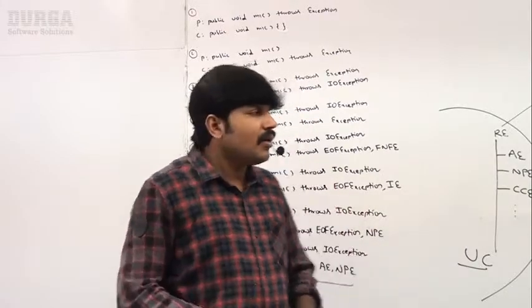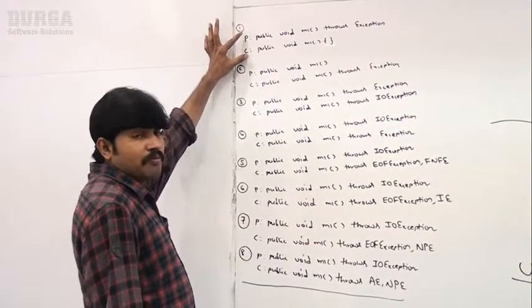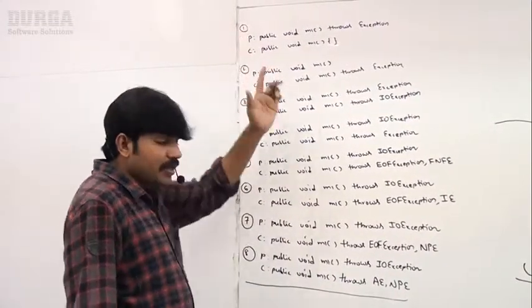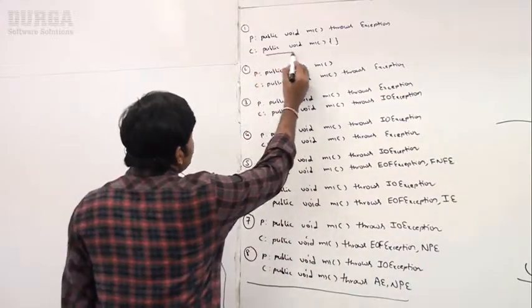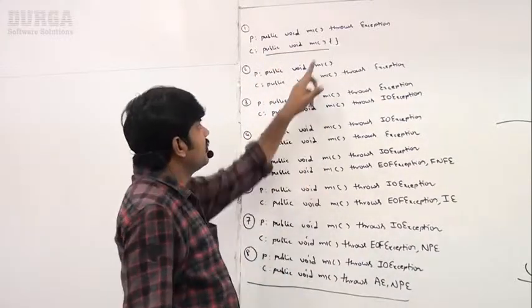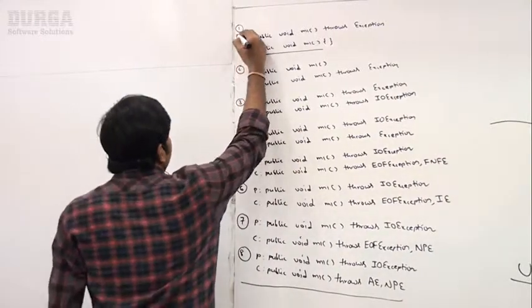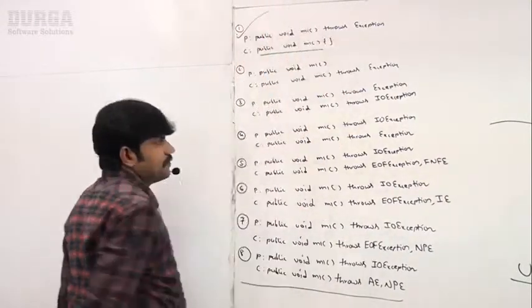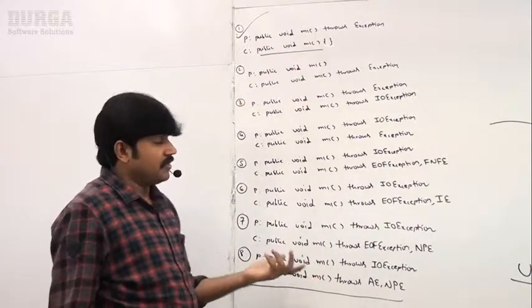Now, if you are aware of this, observe that first point. If the child class method doesn't throw any checked exception, then we are not required to worry, it is perfectly valid, because the child doesn't throw any checked exception.